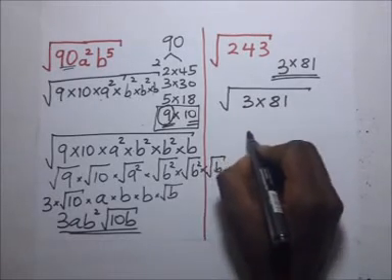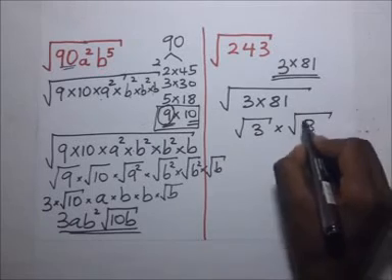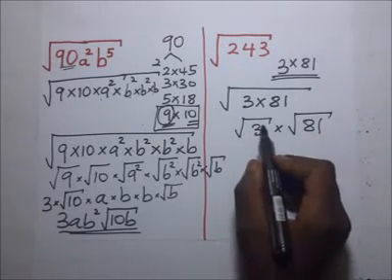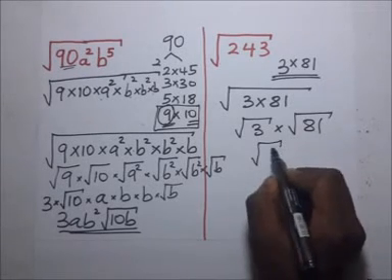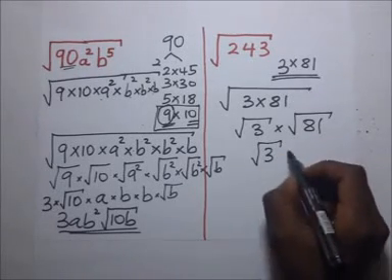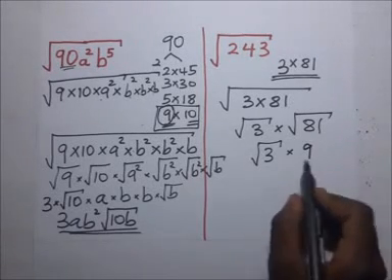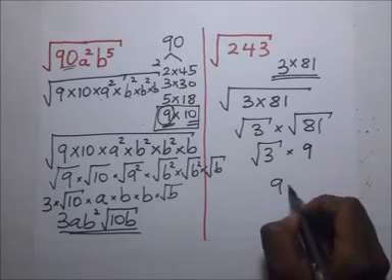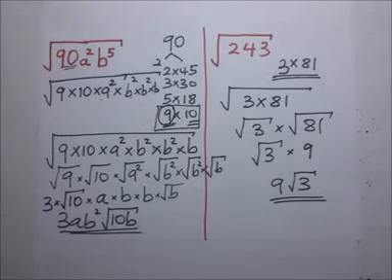Now this is the same as the square root of 3 times the square root of 81. But we know that the square root of 3 is an irrational number, so we leave it as a surd. Multiply that by the square root of 81, which is 9. So it means that here our answer is 9 times the root of 3. And that is the simplification of that surd.